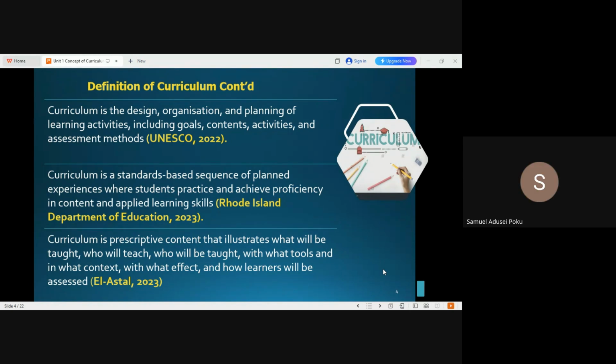Just as your colleagues have said, when we talk of curriculum, it is the broad focus of a program, a broad focus of a study which outlines everything. For example, this program you are going through is designed as an undergraduate program of 4 years with 8 semesters.